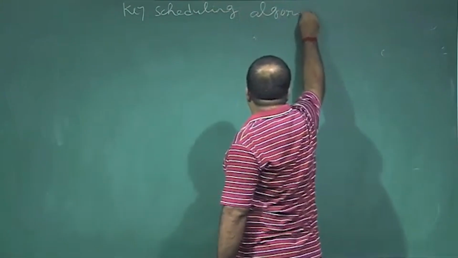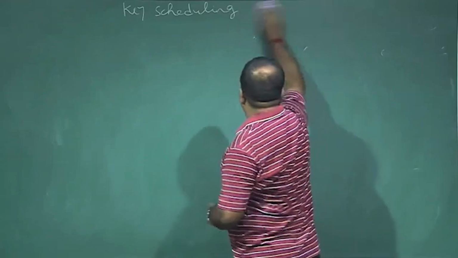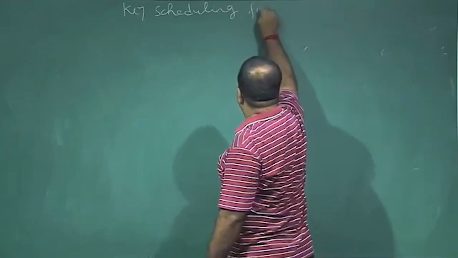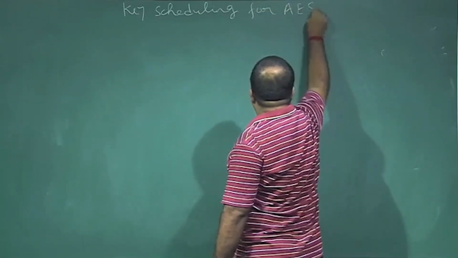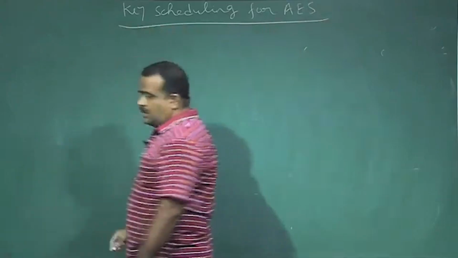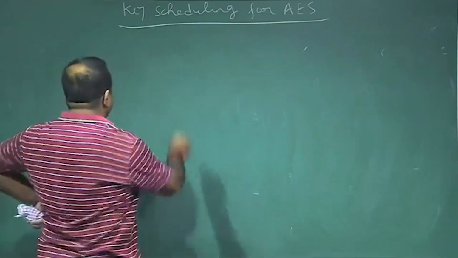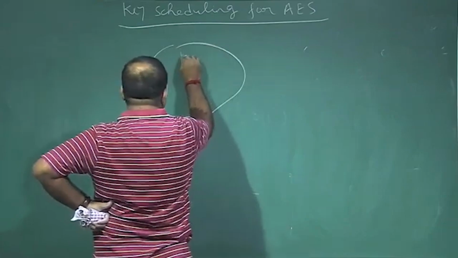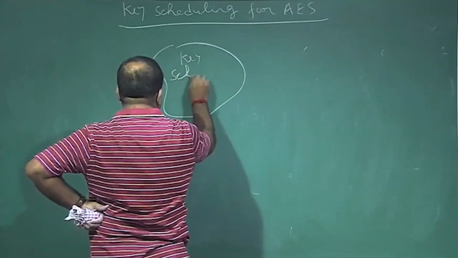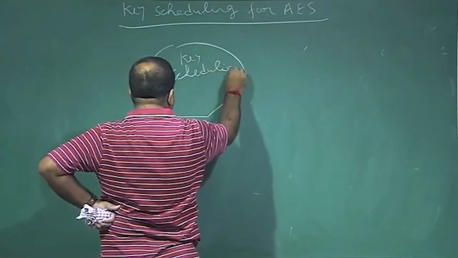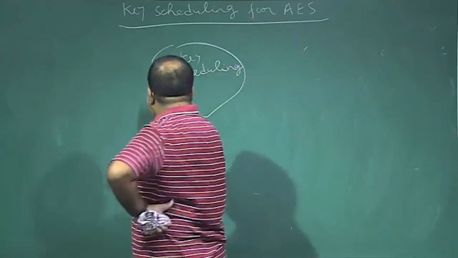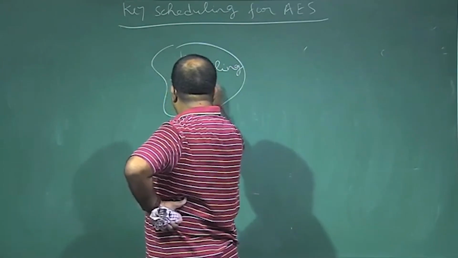It gives us the round keys. This algorithm is public; the only secret is the key.